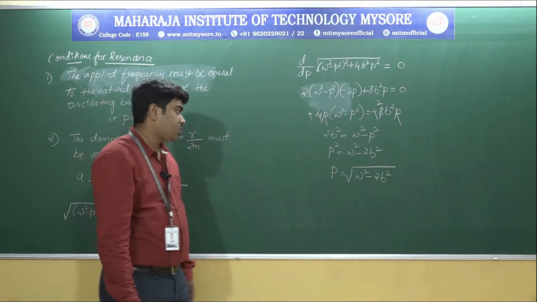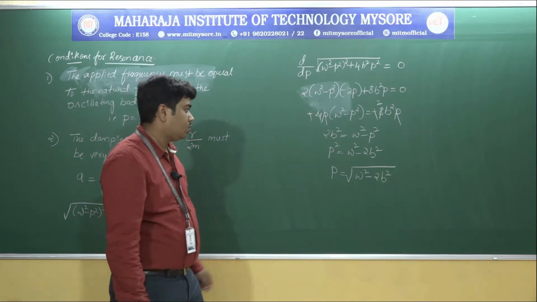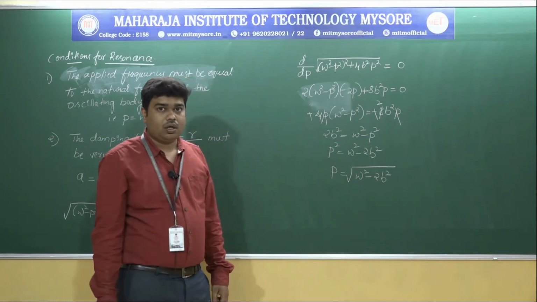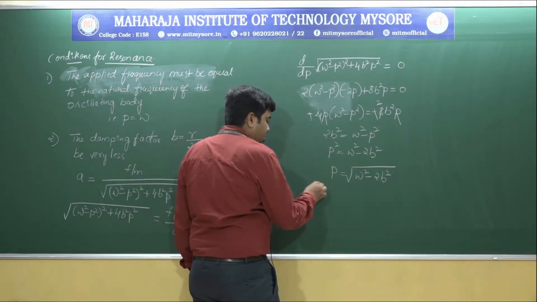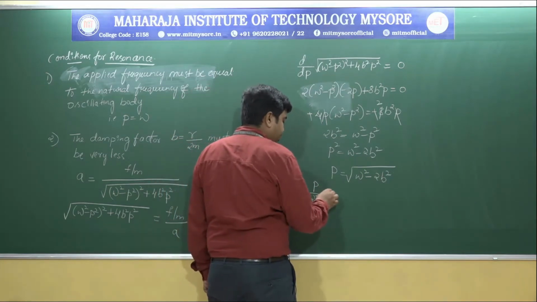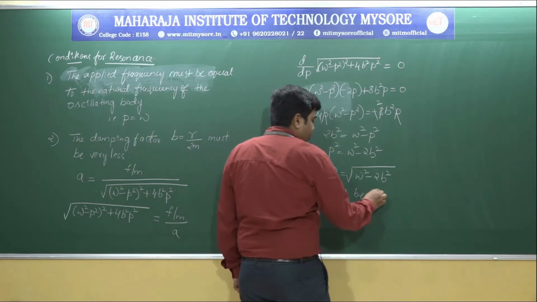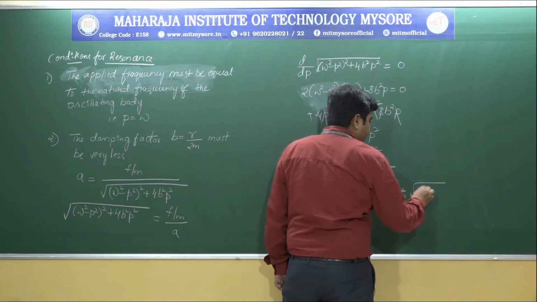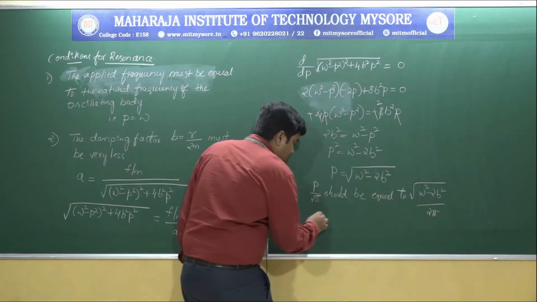Now this is the final expression we got by differentiating the amplitude term for the forced oscillation. P is equal to square root of omega square minus 2b square. Now in order to get the resonance condition, the applied frequency P by 2 pi should be equal to the square root of omega square minus 2b square by 2 pi.